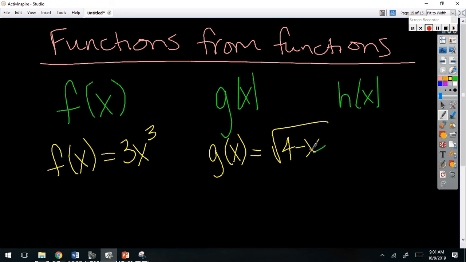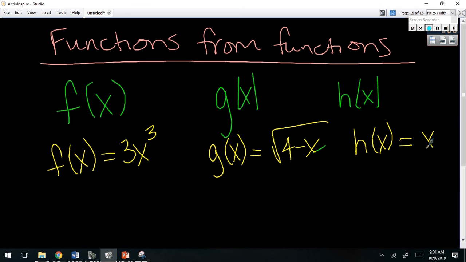And I'm going to let h of x be x squared. Okay, so I can do several things with these functions, and we're still on domain. We're not going to talk so much about range, just really domain, and domain algebraically as we go through this, okay?